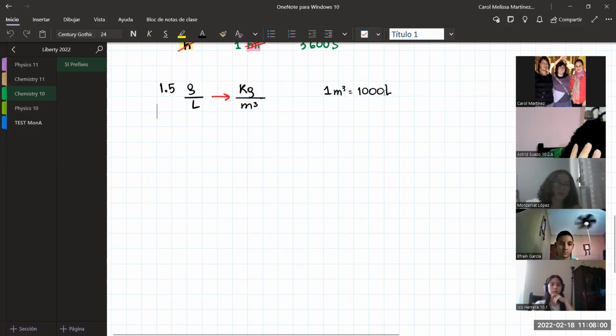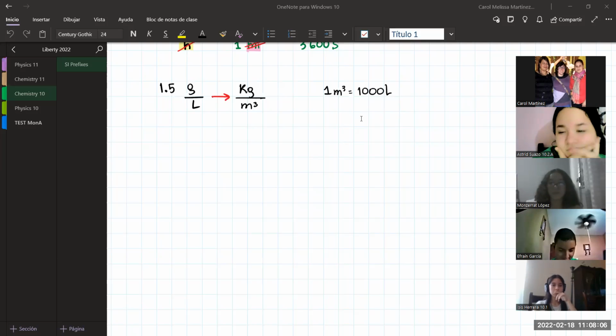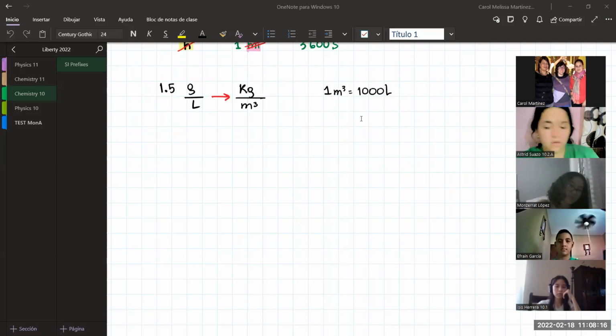Okay. In this conversion, I'm giving you 1.5 grams per liter, and I want you guys to convert to kilogram per cubic meter. Okay? I know that you guys know that in 1 kilogram I have how many grams? 1,000. 1,000 grams. Okay?